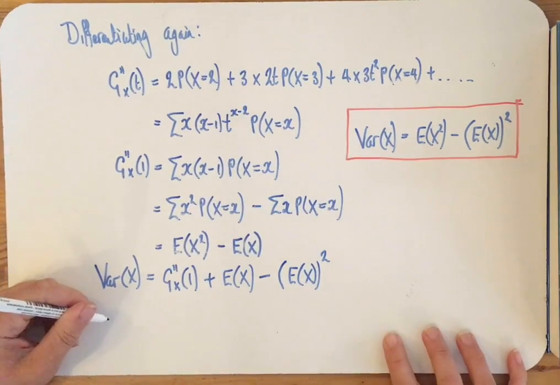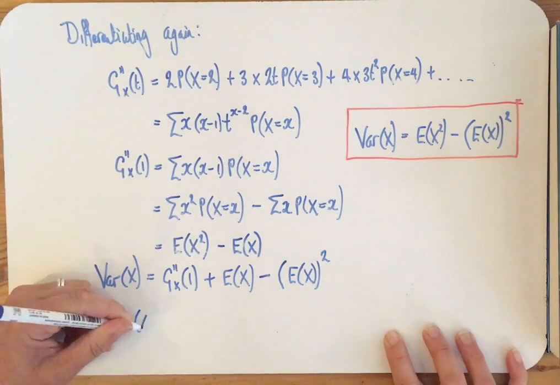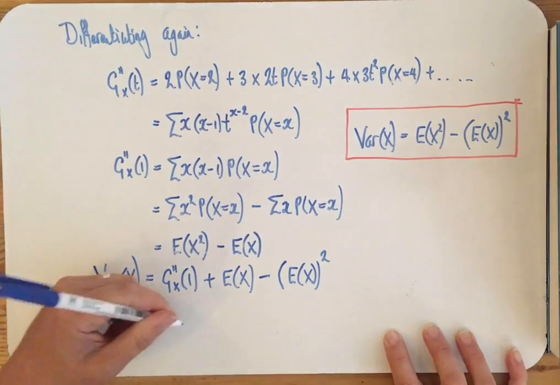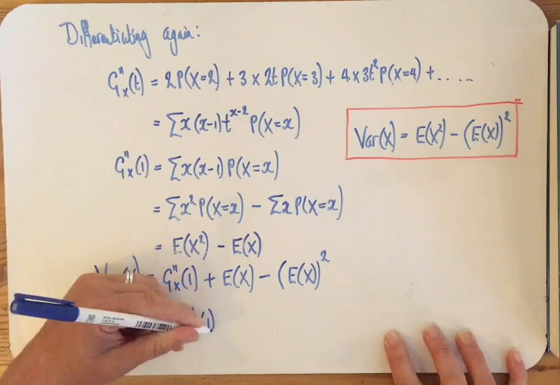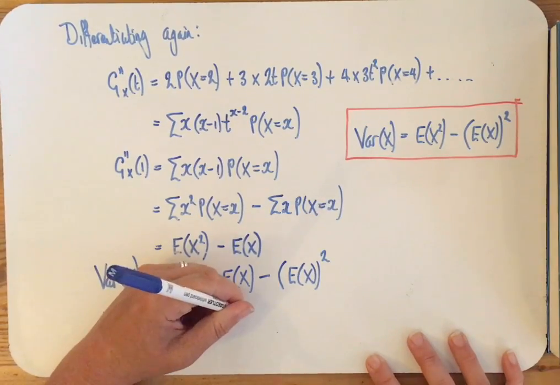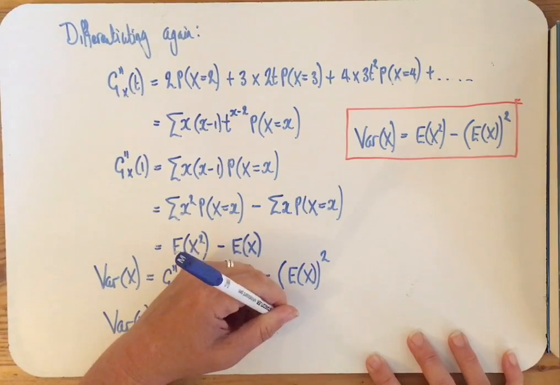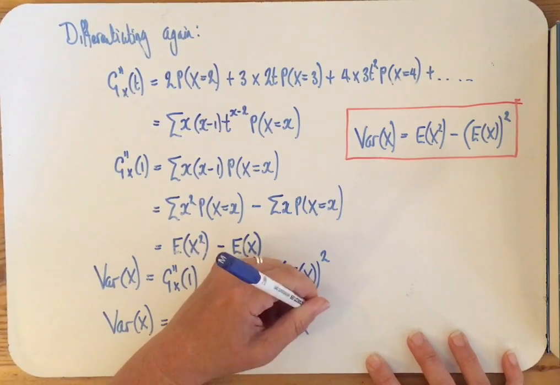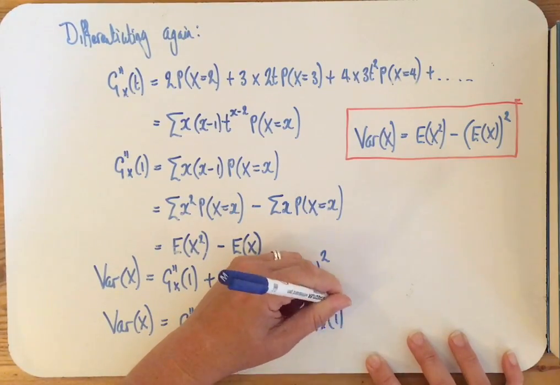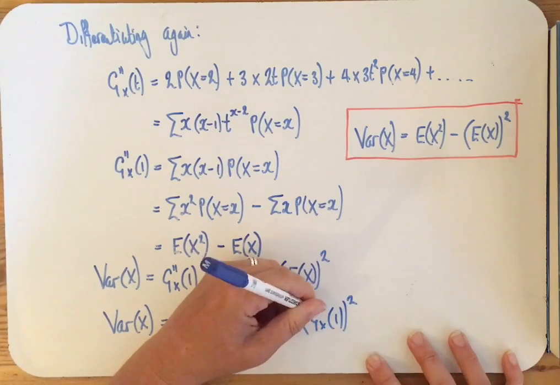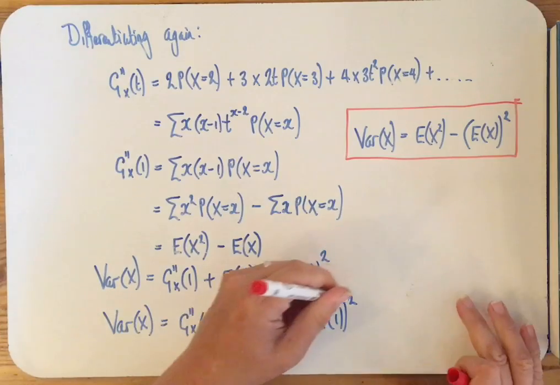And so writing that down in terms of derivatives, it's the second derivative with 1 fed through, plus the first derivative with 1 fed through, minus the first derivative with 1 fed through, squared. That takes you to there.